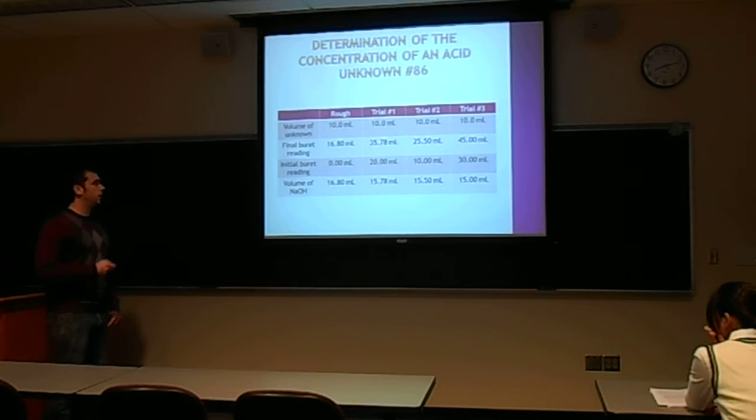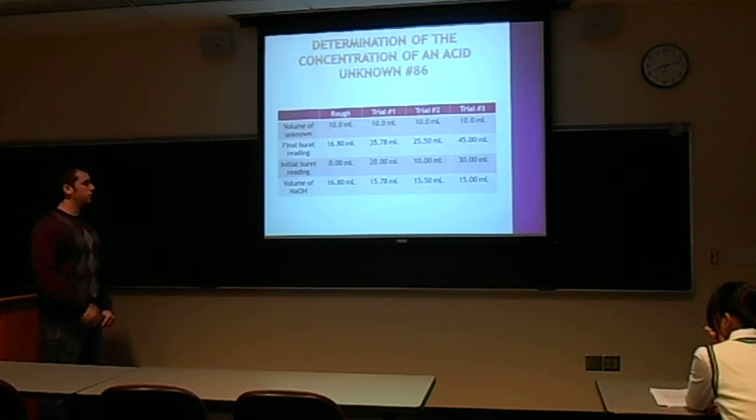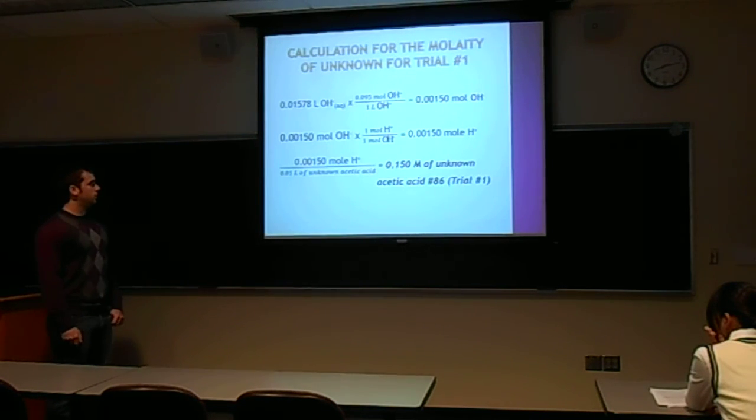I had acid unknown number 86, and we used a volume of 10 milliliters for each trial, and here's a chart of the burette readings. To find the molarity of this unknown acid, we took the liters that we used and multiplied by the molarity that we found earlier in the experiment to get the moles.